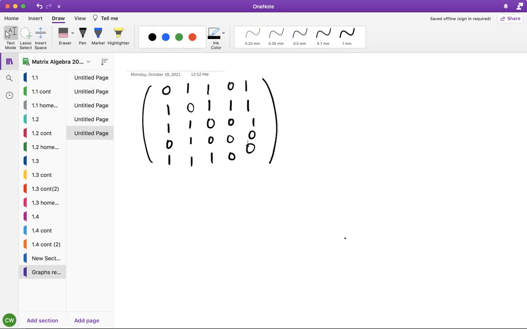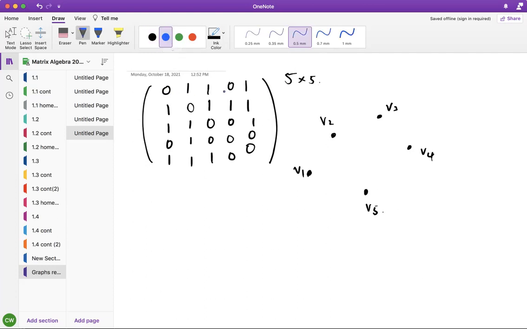Okay, so the dimension is 5 by 5. So there's going to be 5 vertices. So now let's take this first line.